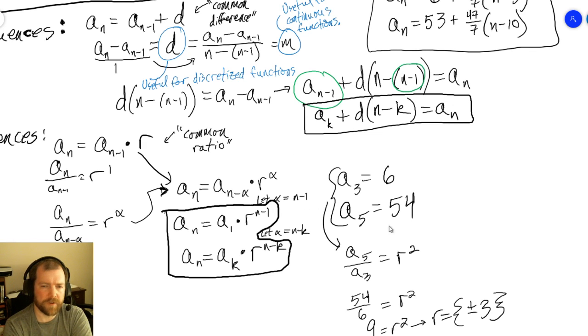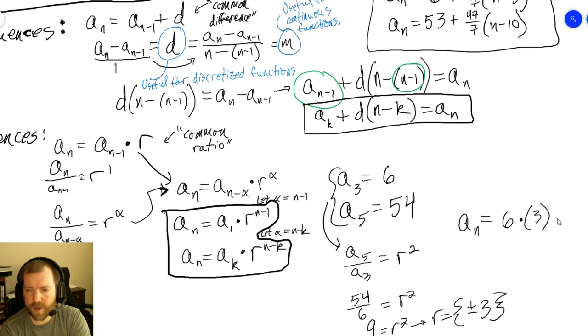Most of the time they won't give you an example that's only 2 away, because they want to avoid this kind of issue right here. So a sub n is equal to a sub k, again, could be 6 times, we'll go with 3 to the n minus 3 for k, or a sub n equals 6 times, that's not 6, 54 times 3 to the n minus 5.